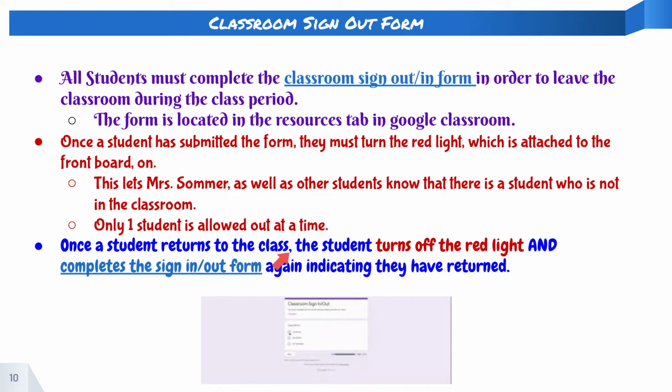Once the student returns to class, the student turns off the red light and completes the sign-in, sign-out form again, indicating they have returned. This timestamps it, and I'm able to keep track of those things.